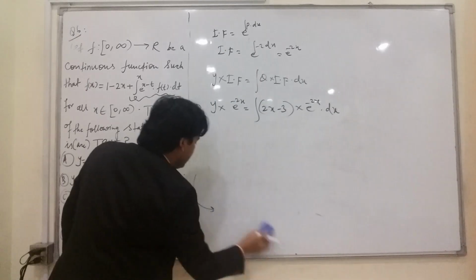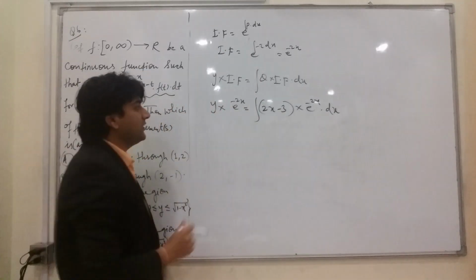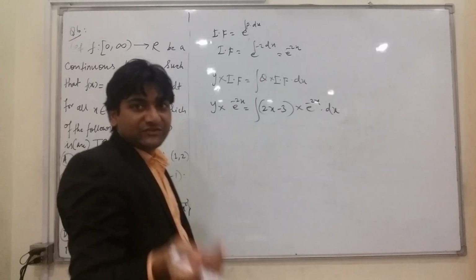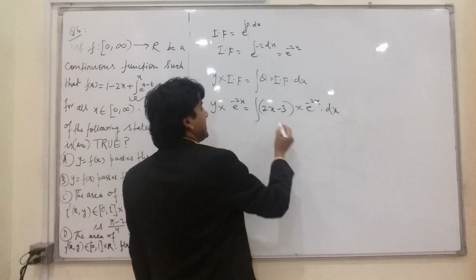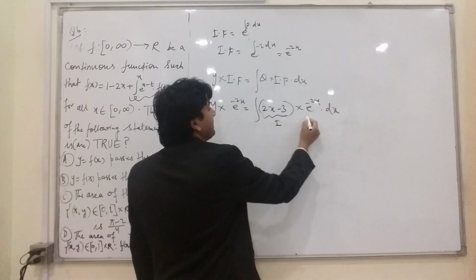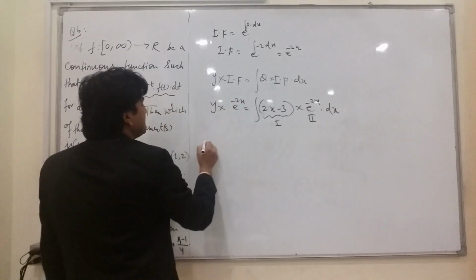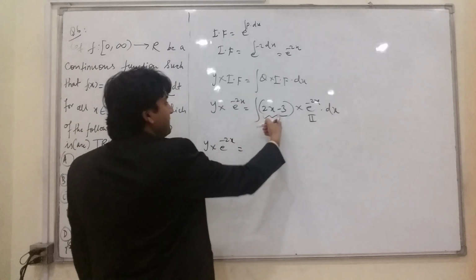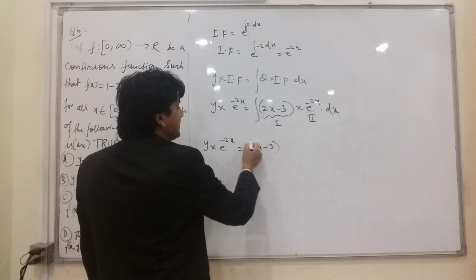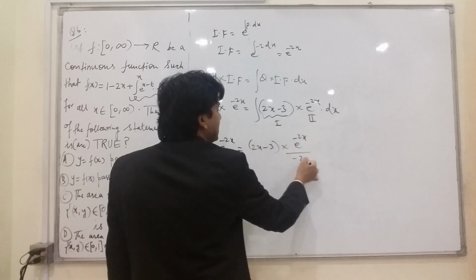Now again we have to integrate this portion, and over here with the concept of the ILATE rule, the exponential we will consider as the second function. So this is your first function, this is your second function. So y times e raised to minus 2x equals, first we keep 2x minus 3 as it is, and integrate e raised to minus 2x, which is e raised to minus 2x over minus 2.